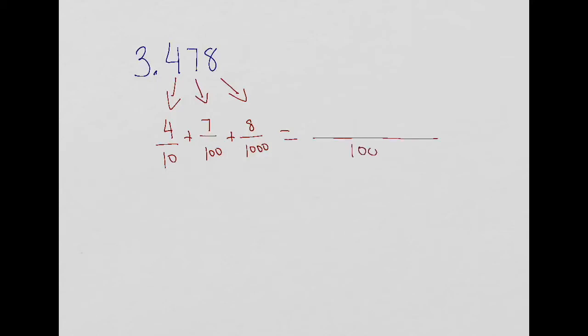Here's another example we will look at today. This is a larger number, so we have 3 decimal places following. This number over here, I'm going to draw little arrows, represents 4/10ths. This number here represents 7/100ths. And this number over here represents 8/1000ths. So this is how the fractions would look for each one. And if you wanted to have all these denominators be the same, the denominator for all of these would be 1,000.